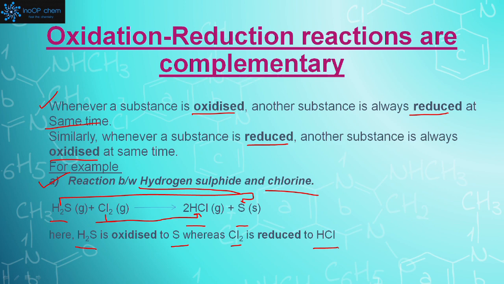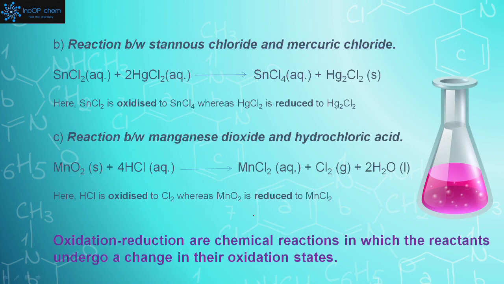Let's see more examples. So here a reaction between stannous chloride and mercury chloride takes place, in which SnCl2 is oxidized to SnCl4. Chlorine is an electronegative element, and addition of electronegative element is known as oxidation. Just have a look here.